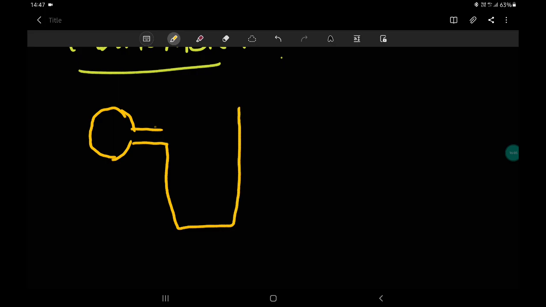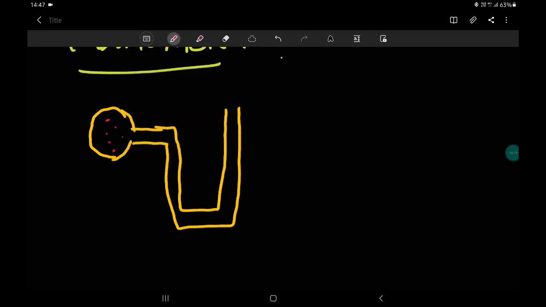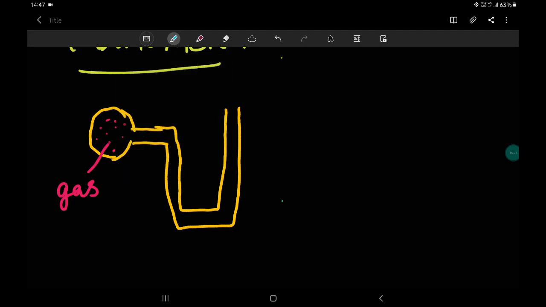Suppose this is your closed flask. Then a U-tube will be connected like this. In the flask, gas is filled, and in the U-tube, one type of fluid is filled.